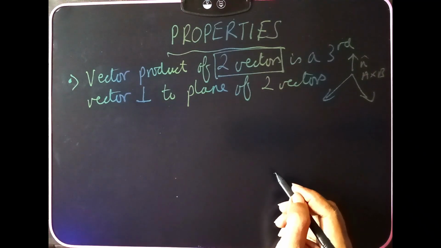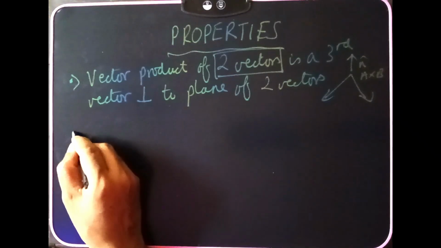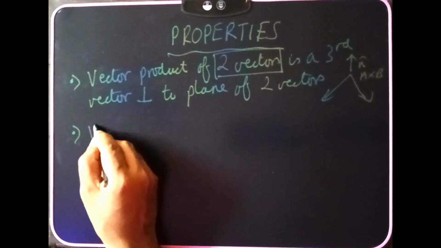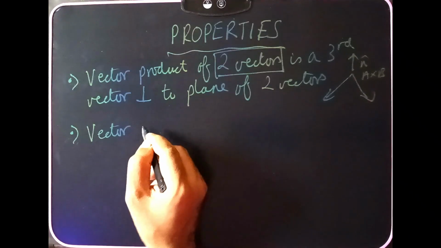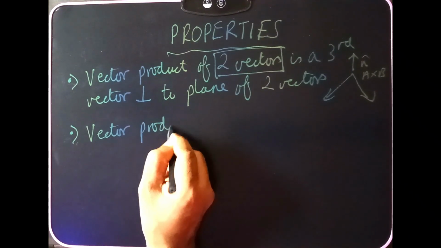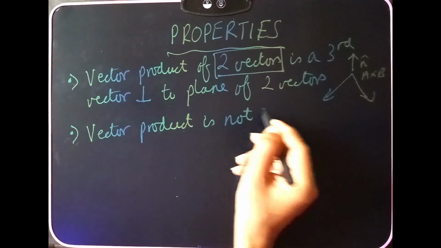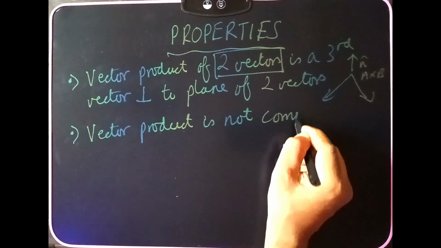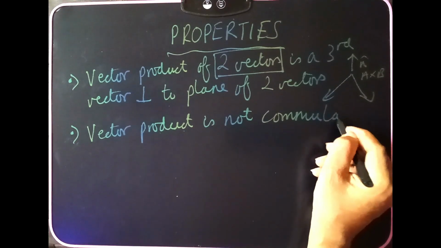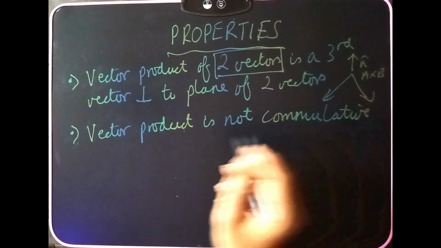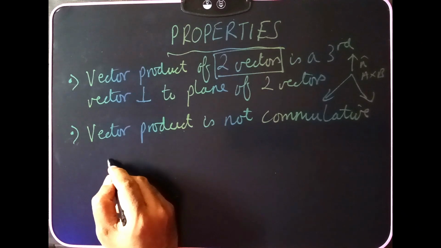Vector product of two vectors is not commutative. The second property is that vector product is not commutative. What does that mean?